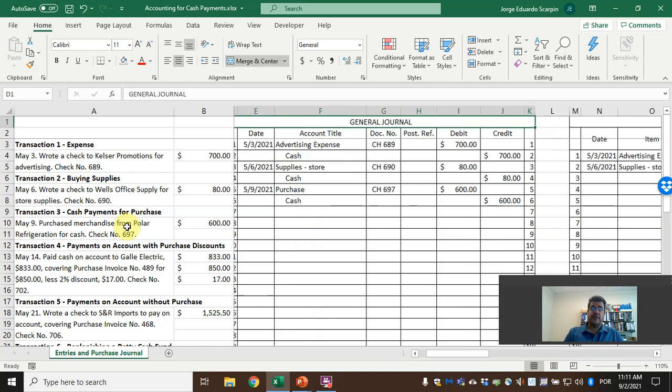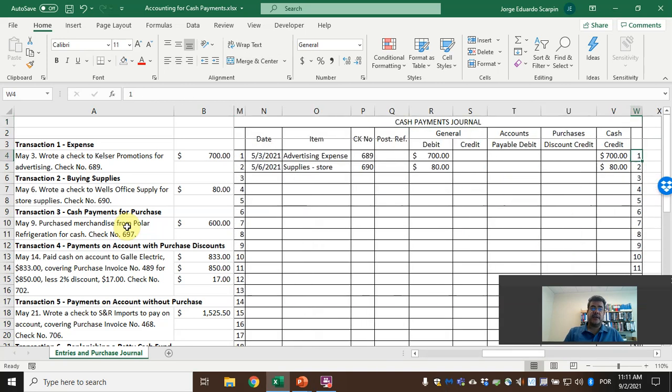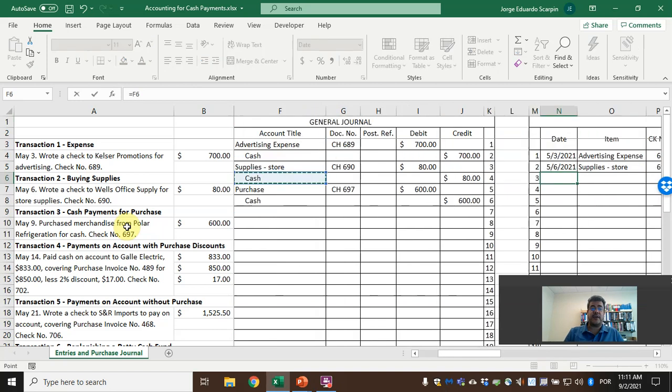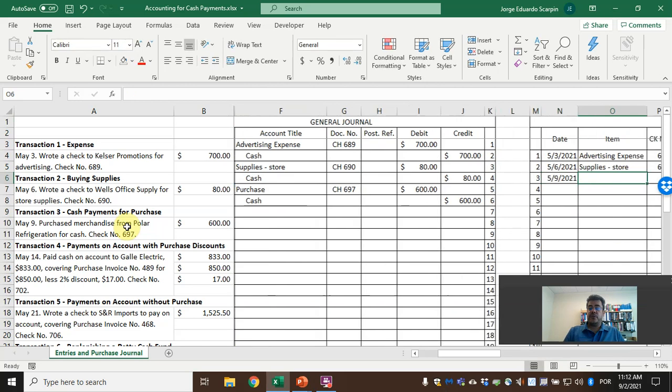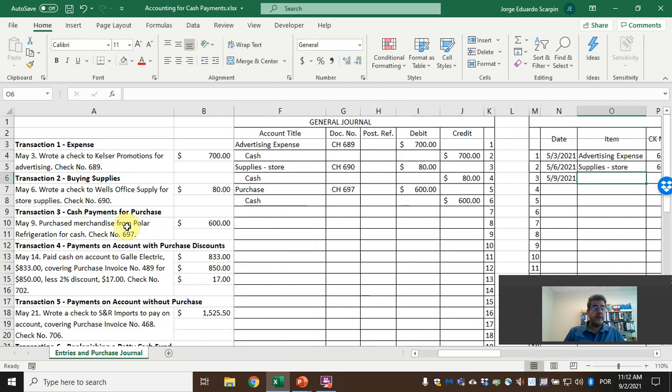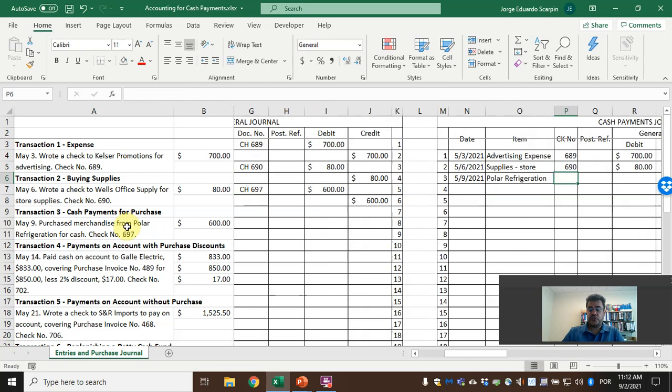However, it is missing here cash payment. A lot of work here on cash payments. May 9th, who are we paying? Polar Refrigeration. Check number 697.